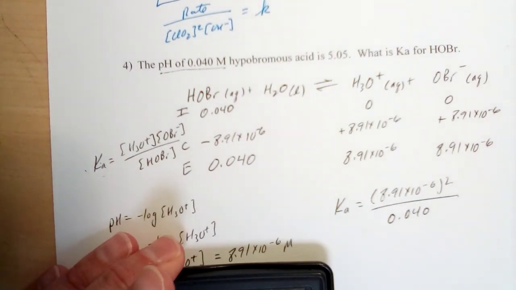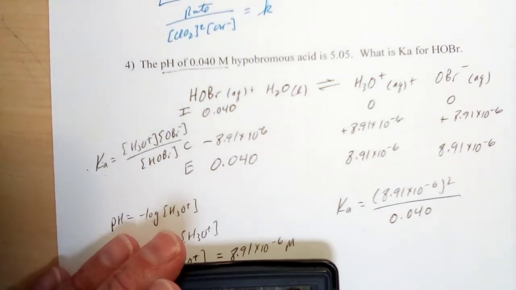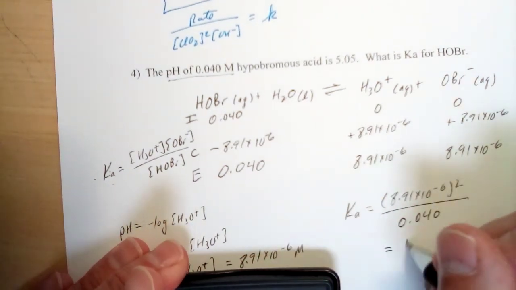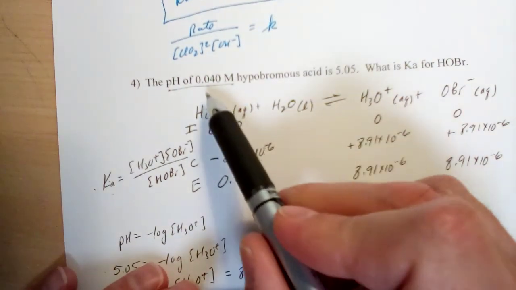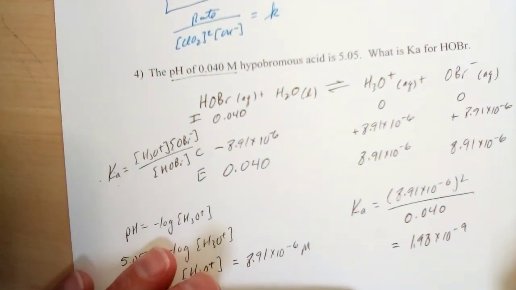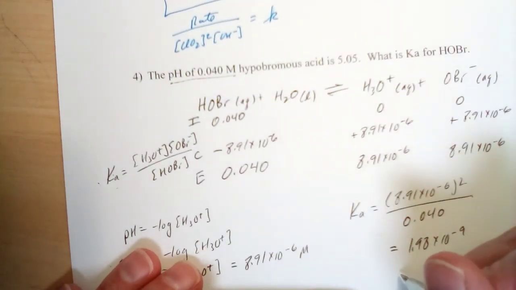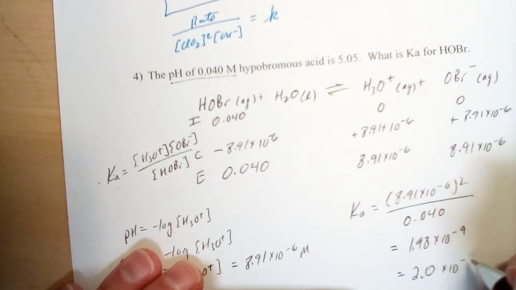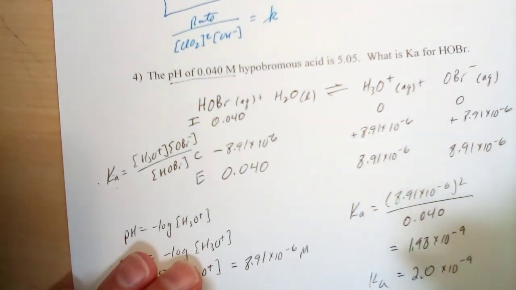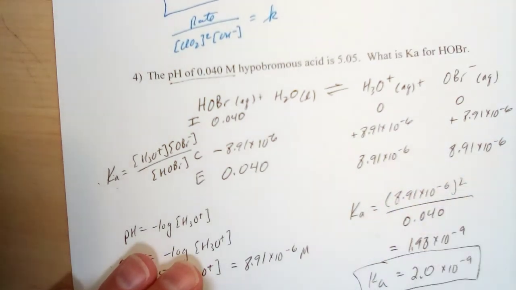So 8.91 times 10 to the minus 6th, square that, divide by 0.04, and this comes out to be 1.98 times 10 to the minus 9th. Now, all the way back to our concentration, we really just have 2 sig figs there, so we should round this to 2 sig figs, and that would make it 2.0 times 10 to the minus 9th. That's our Ka value for this acid.